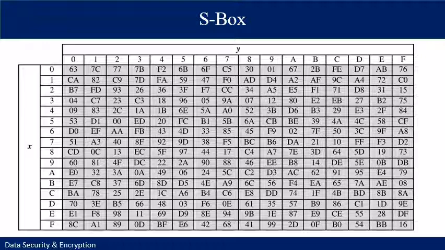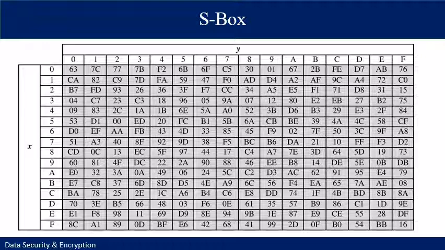The algorithm says that the leftmost 4 bits of the byte are used as a row value, and the rightmost 4 bits are used as a column value. These row and column values serve as indexes into the S-box to select the unique 8-bit output.